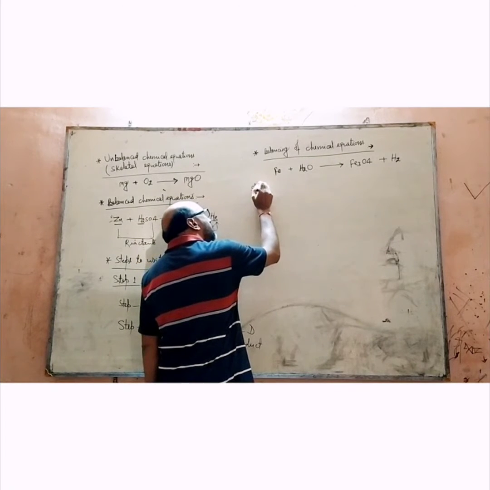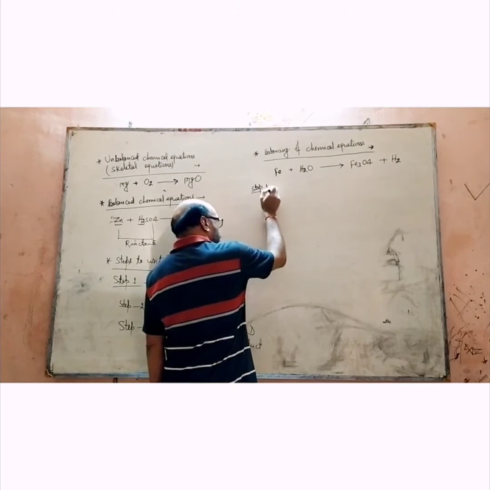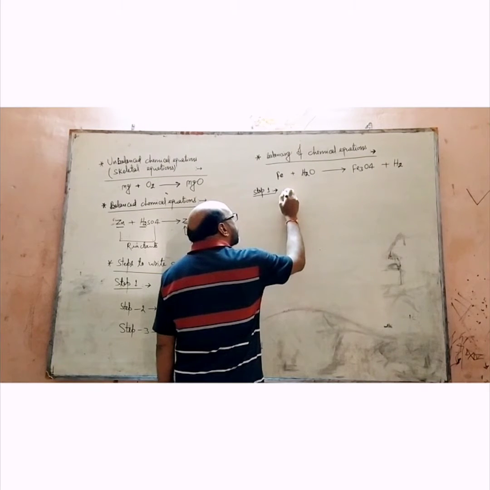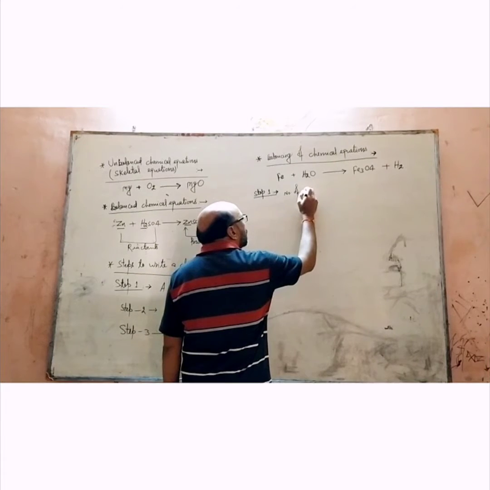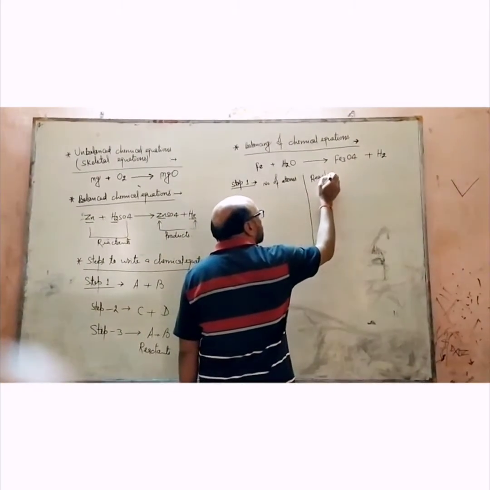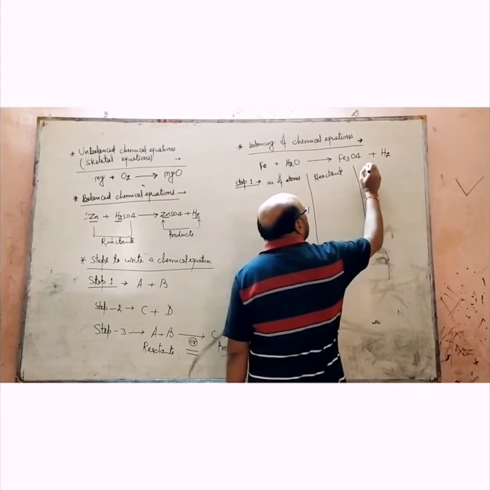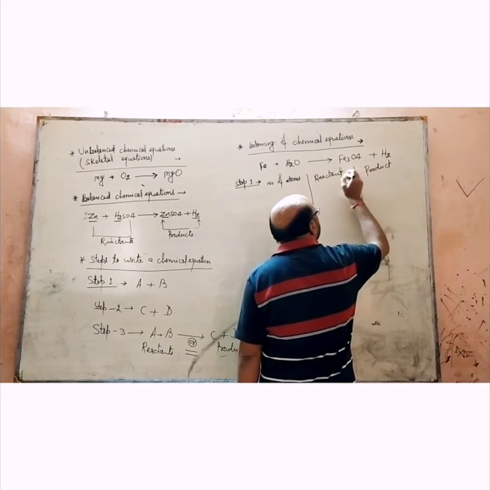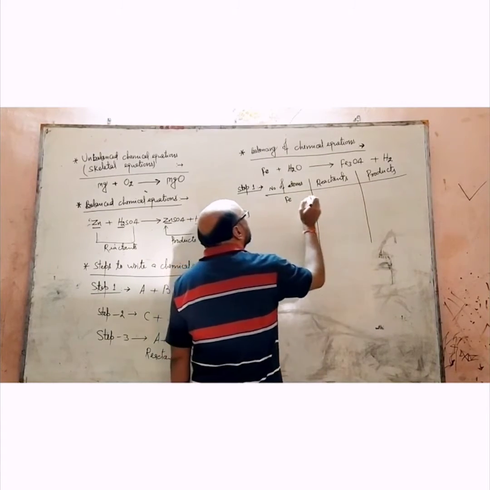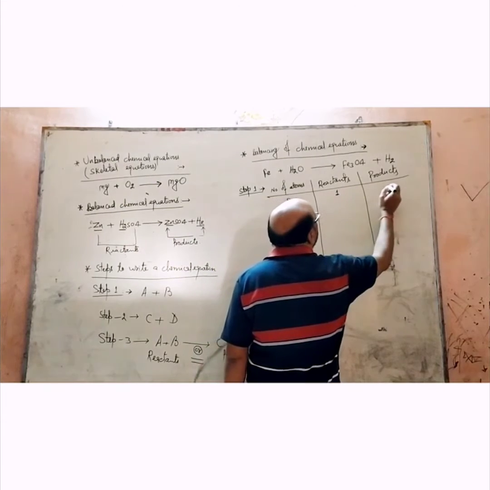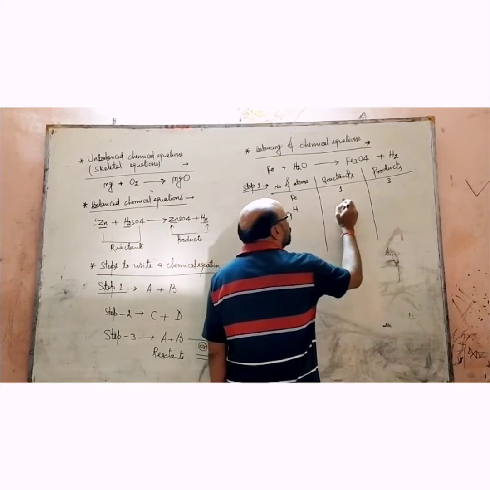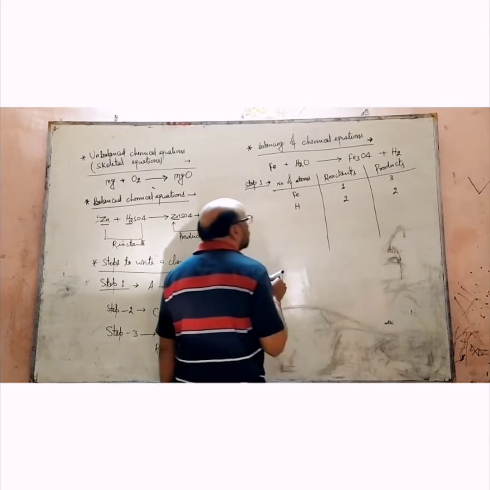The first step we should take is to count the number of atoms in the reactant and in the product. The number of iron atoms is 1 in the reactant and 3 in the product. The number of hydrogen atoms is 2 in the reactant and 2 in the product.